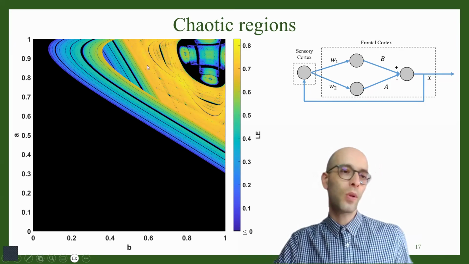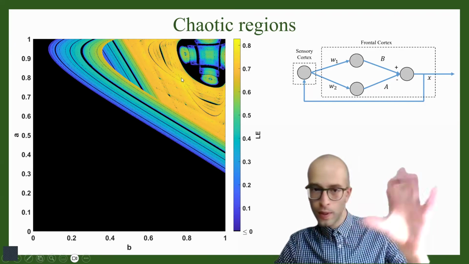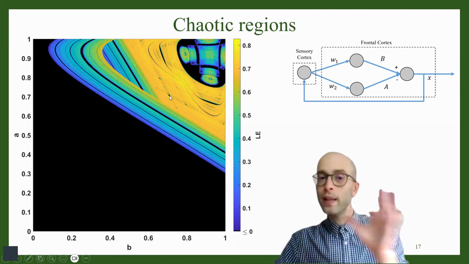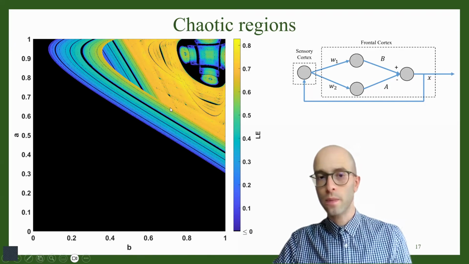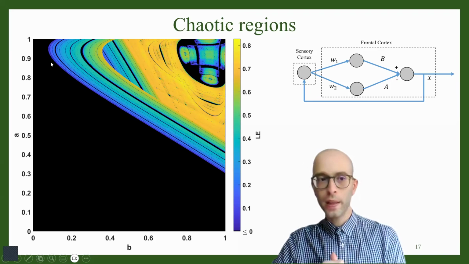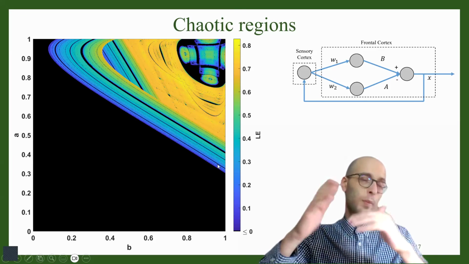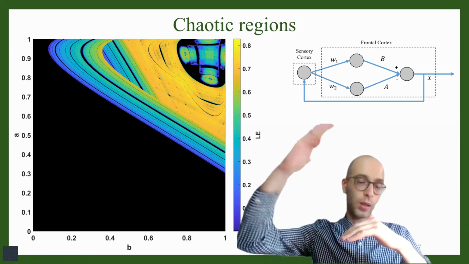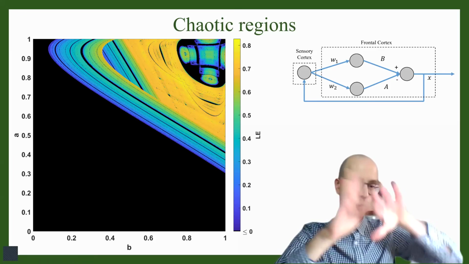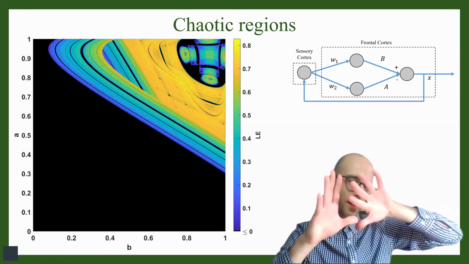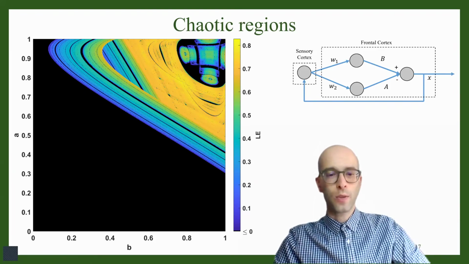What is also important to note is that although inside this region right here we have very dense transitions in and out of chaos, we also have a very wide region that has a very clear margin, this limit right here, that distinguishes chaotic phenomena from non-chaotic phenomena. So this region right here has complete loss of chaos.